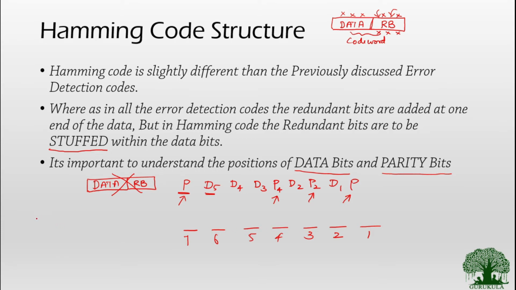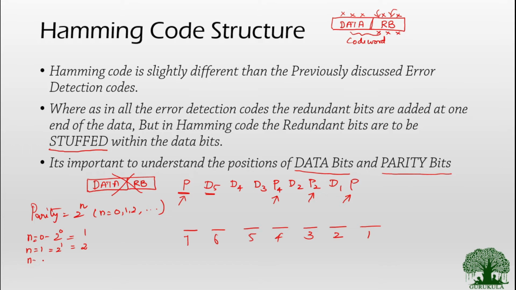Parity bits are always placed in the positions of 2 power n, where n runs from 0, 1, 2 and so on. If n equals 0, it is 2 power 0, which is 1. When n equals 1, it is 2 power 1, which is 2.